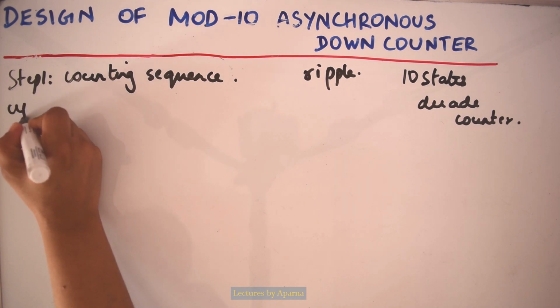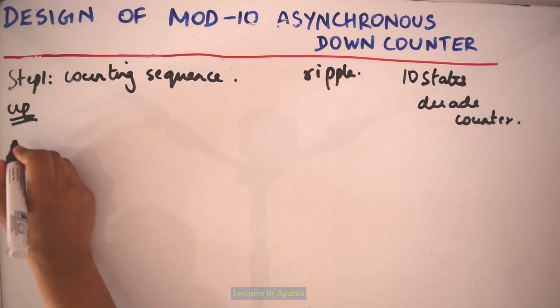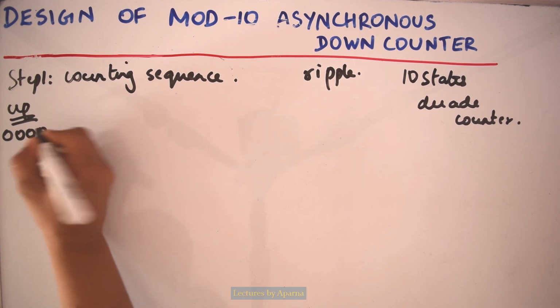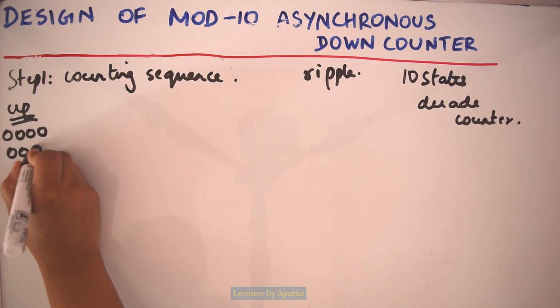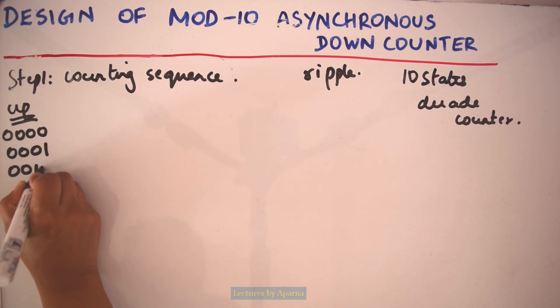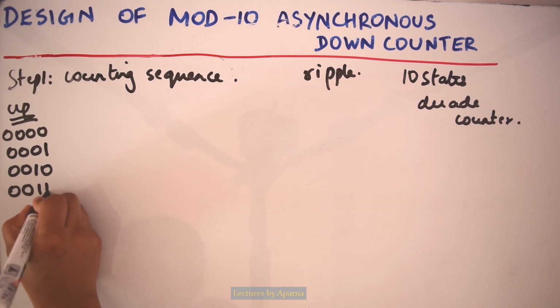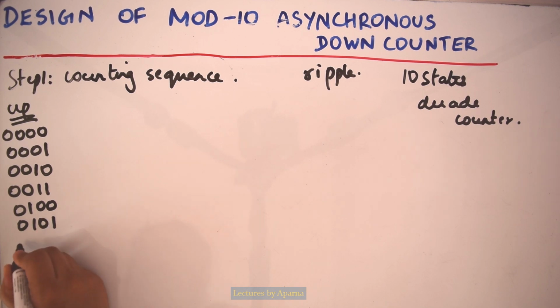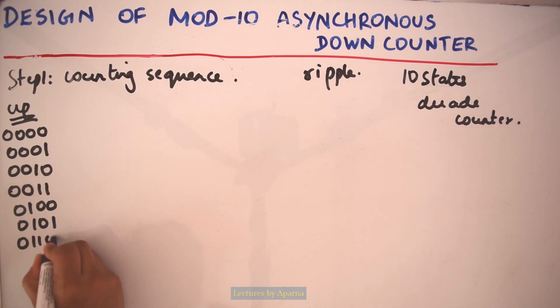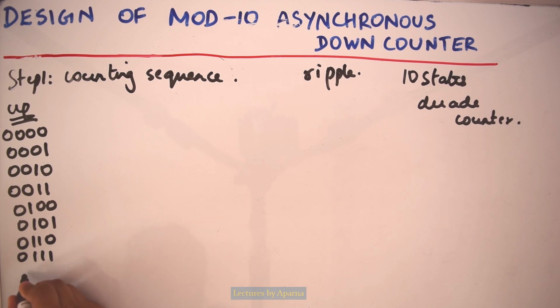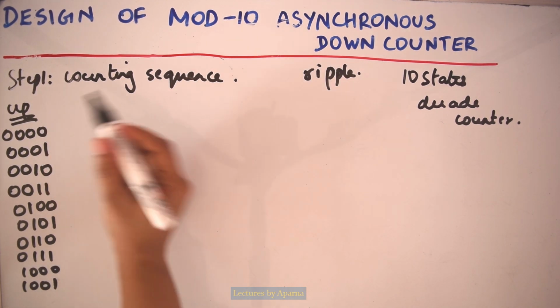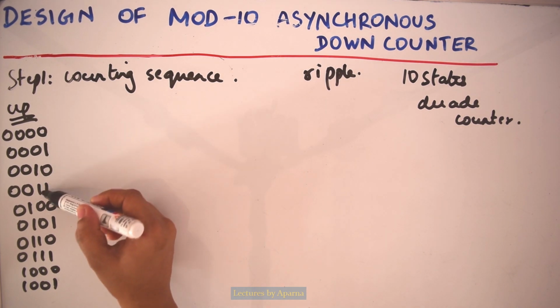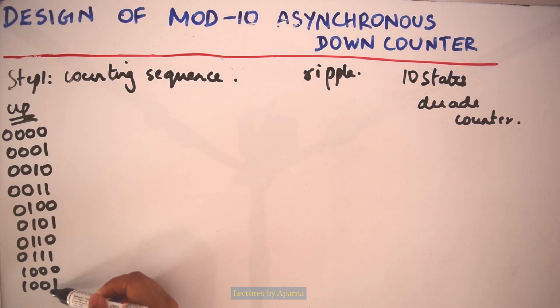So for up counter, the counting sequence will be like this, that is 0000, 0001, 0010, 0011, 0100, 0101, 0110, 0111, 1000 and 1001. So let's count the number of states. 1, 2, 3, 4, 5, 6, 7, 8, 9, 10. These are the 10 states.